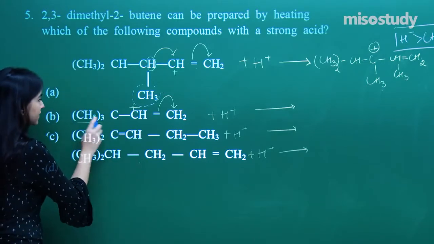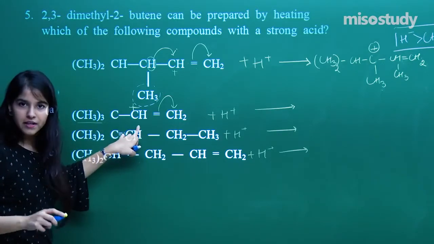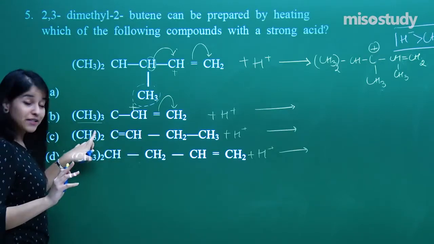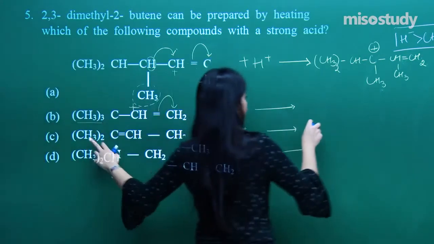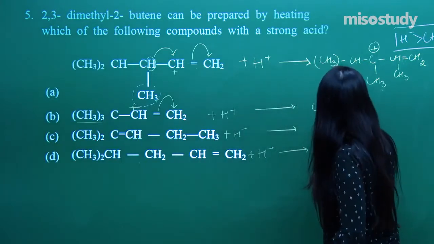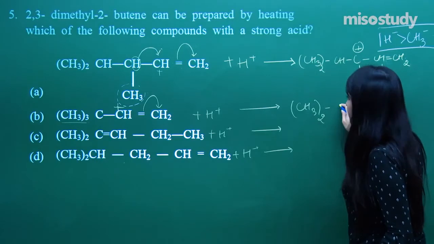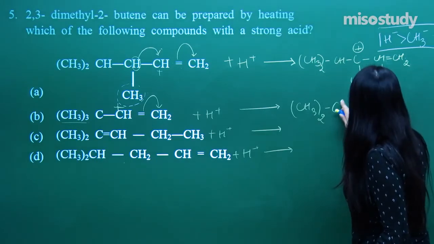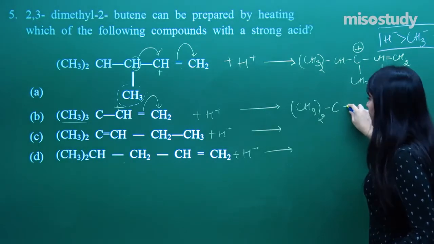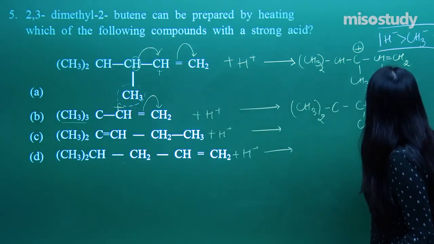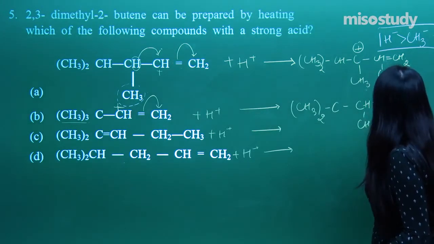There are 3 methyls, I can shift 1 methyl. Because there is no hydride, I cannot have an option for hydride shift, but a methyl shift. So what do I get? 2, because I have shifted 1 carbon, CH3, and that is what we have.